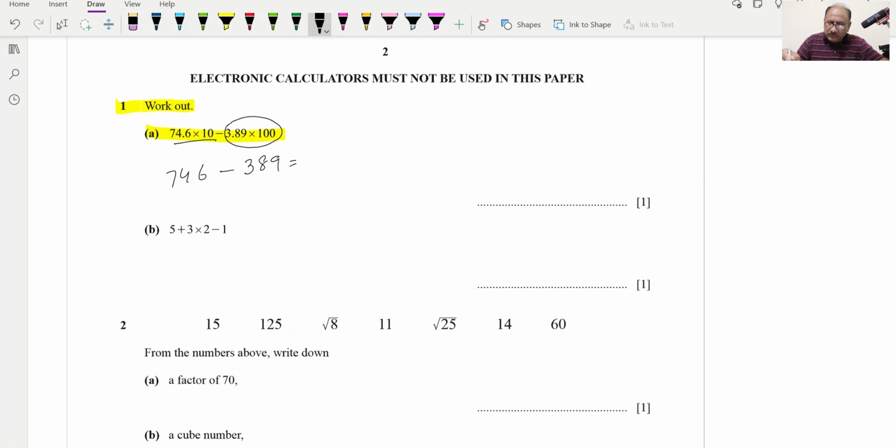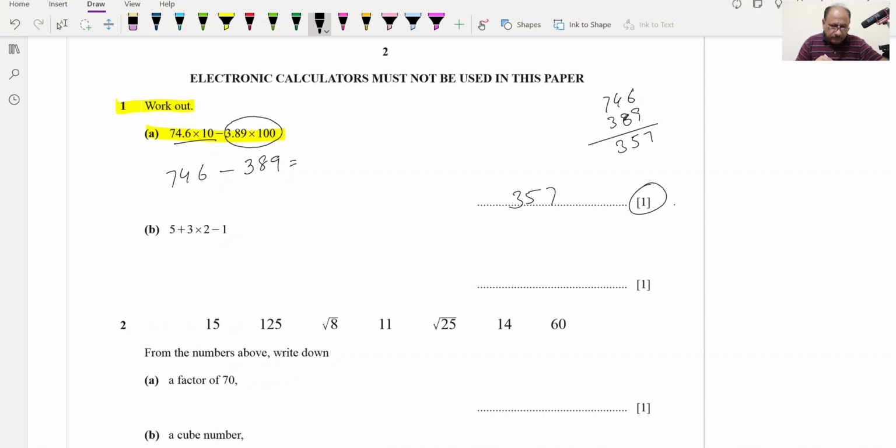And if we subtract 746 and 389, we get 16 minus 9 will be 7, and 14 minus 8 will be basically 13 minus 8 will be 5, and 6 minus 3 will be 3. So the answer will be 357.